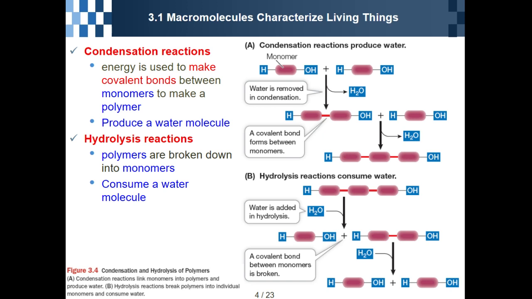During that time, H2O is always made. After that, this polymer and this monomer combine to each other. At this time another covalent bond is made, and H2O is produced like this.